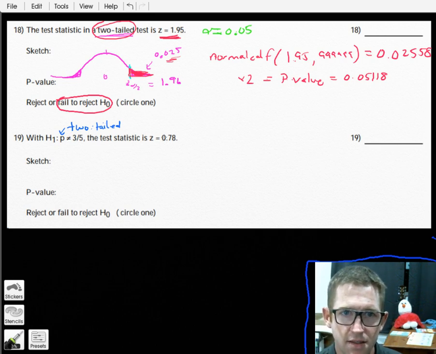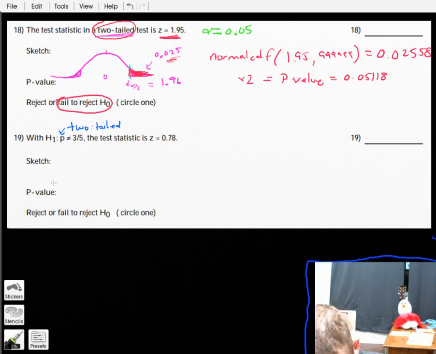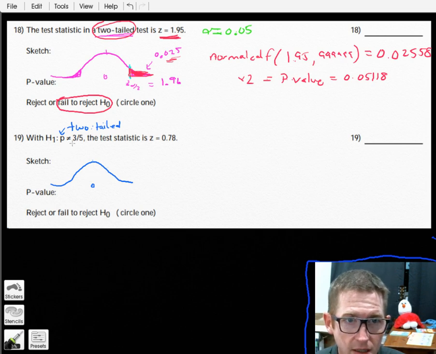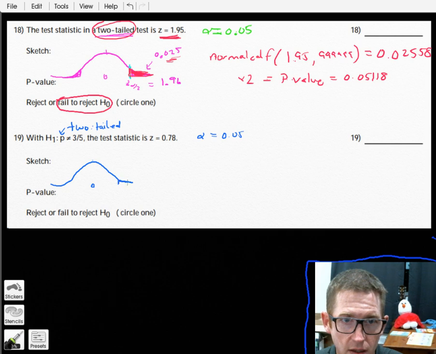And the test statistic is 0.78. So I'm going to sketch a little boom, boom, boom. I do better when I don't look. That P is not equal to 3/5. Again, significance level 0.05. So it's going to look very similar to this picture here.